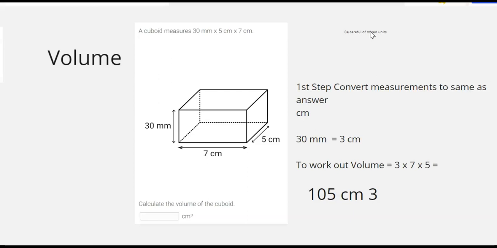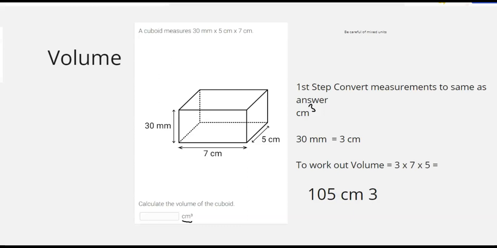You don't have to do that, you can do that afterwards, but in these videos I'm going to do that consistently first. So the units are down here, centimeters cubed. Centimeters cubed is different from a number cubed. So that's what we're going to do first.